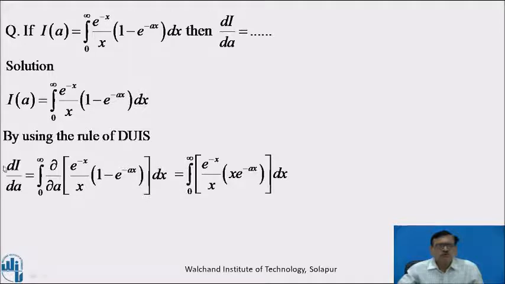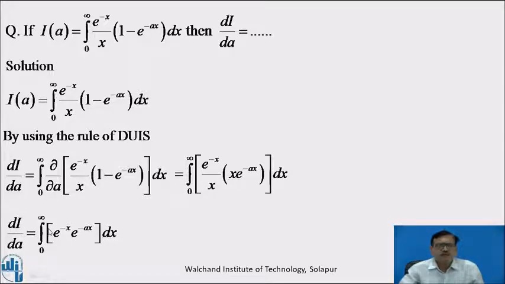Now differentiating partially with respect to a, we get e raised to minus x by x as it is, and the derivative of 1 is 0, and the derivative of minus e raised to minus ax with respect to a is x into e raised to minus ax.